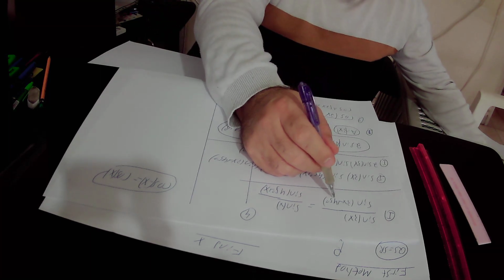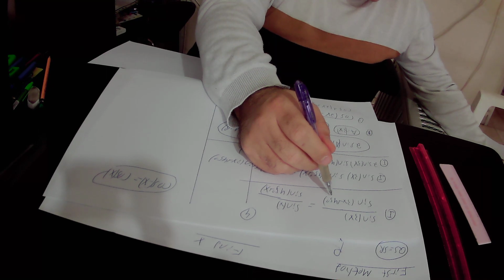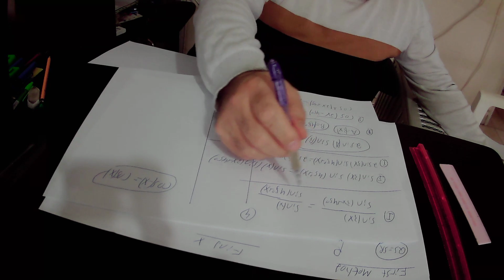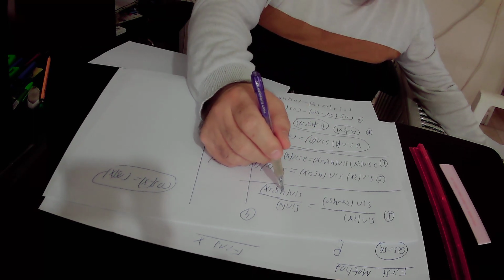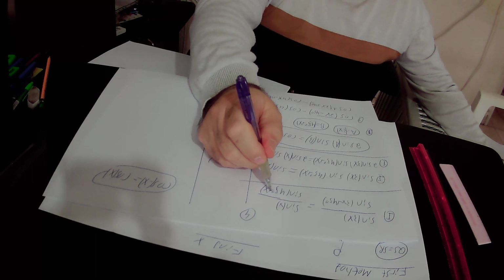Sine 3x over sine 3x plus 45 degrees equals to sine x over sine 45 degrees minus x.